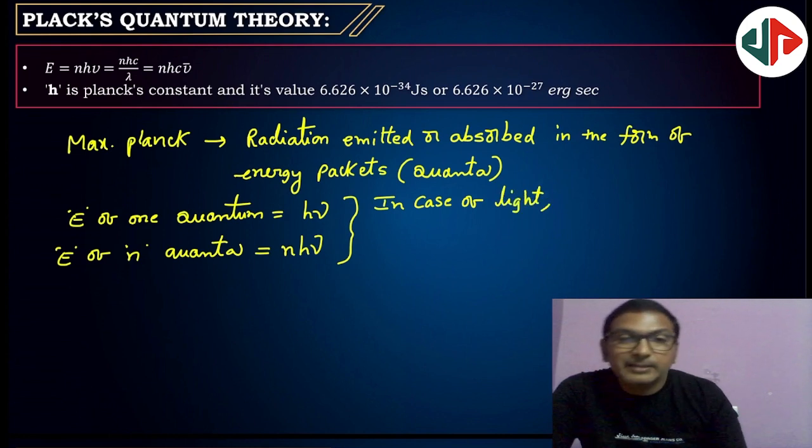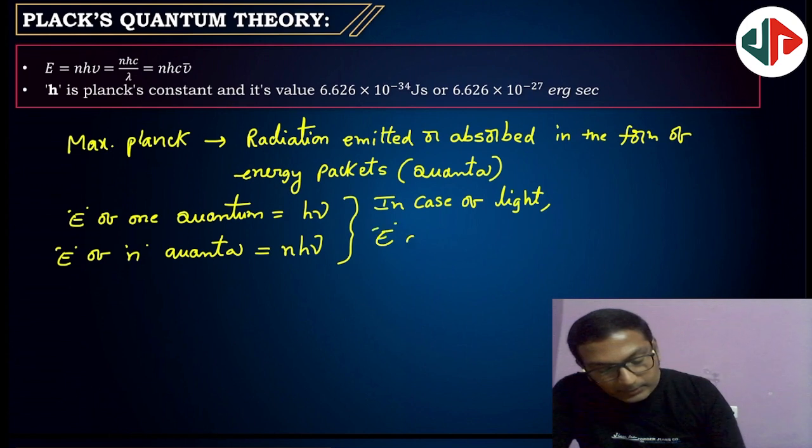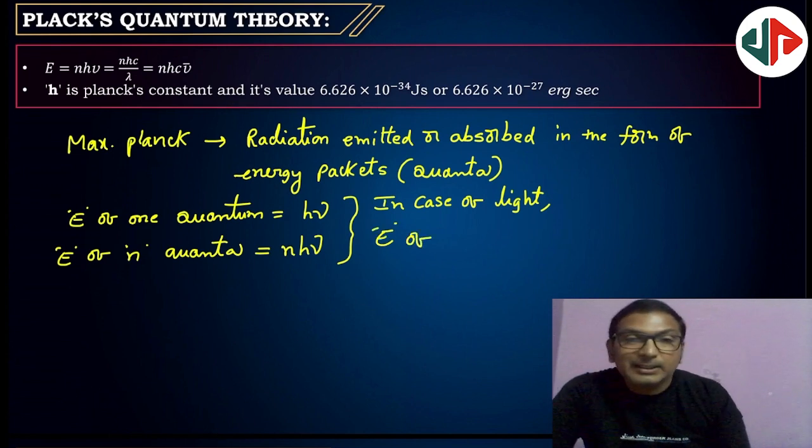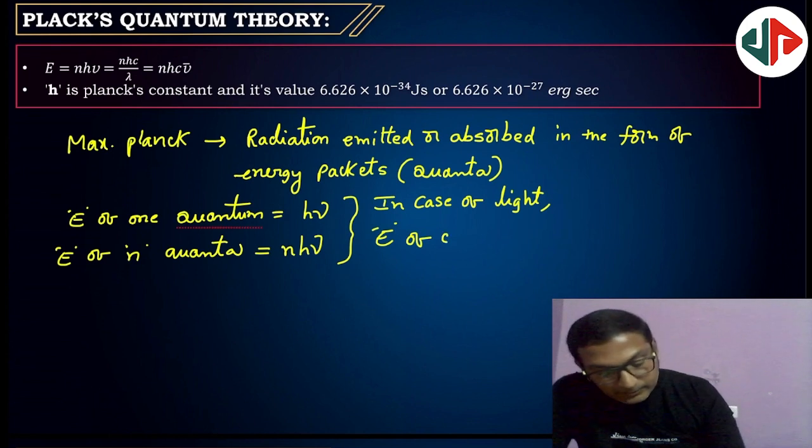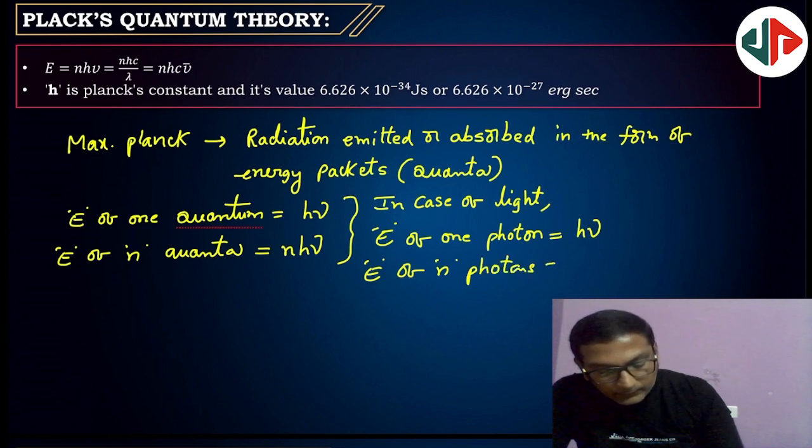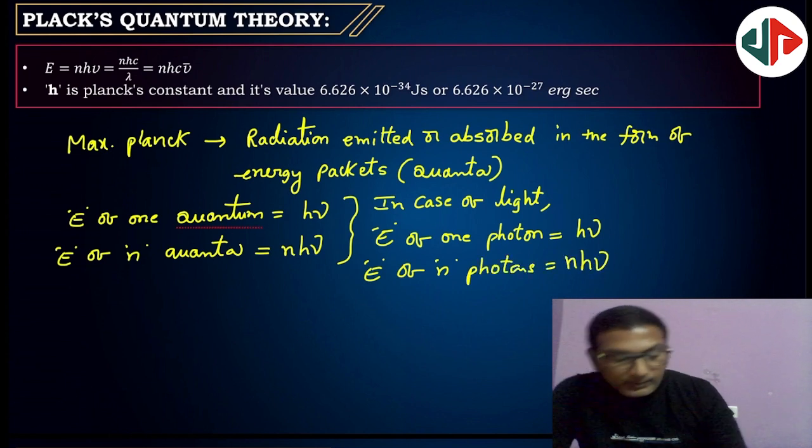If this theory is applicable to light, then we can write energy of one photon h nu, energy of n photons n h nu.